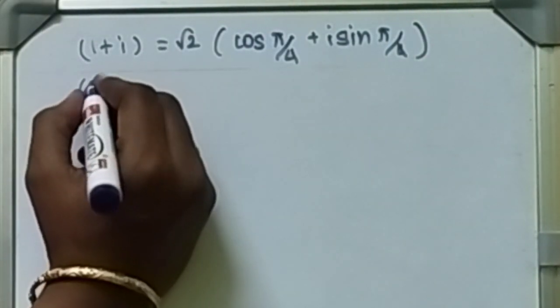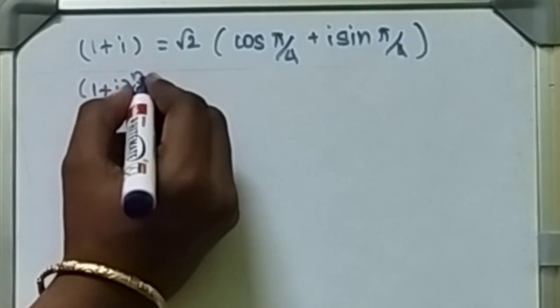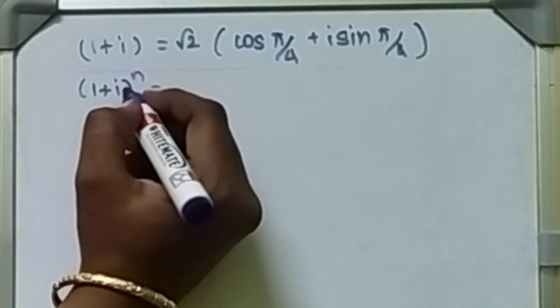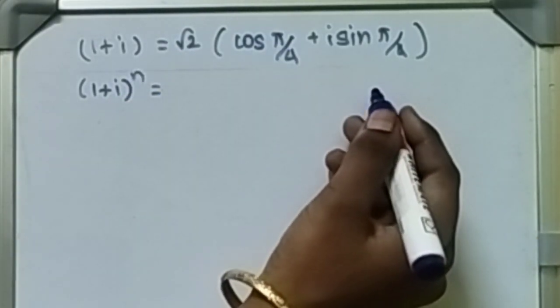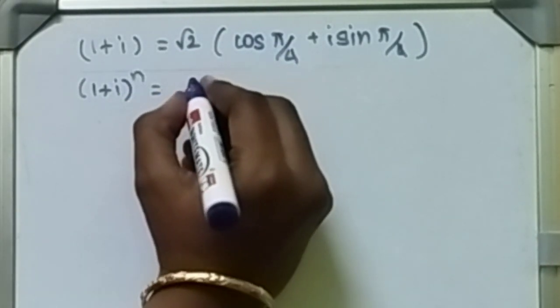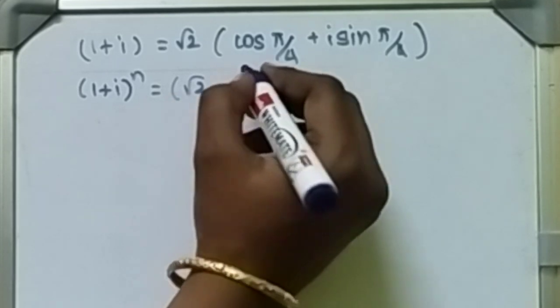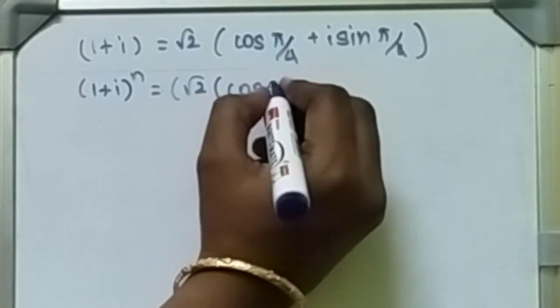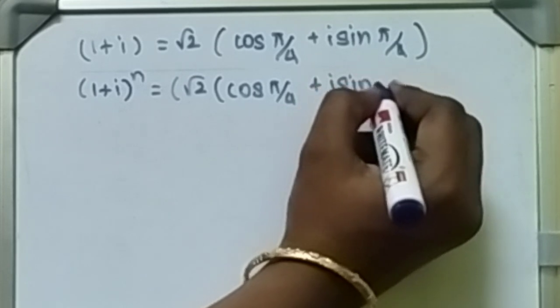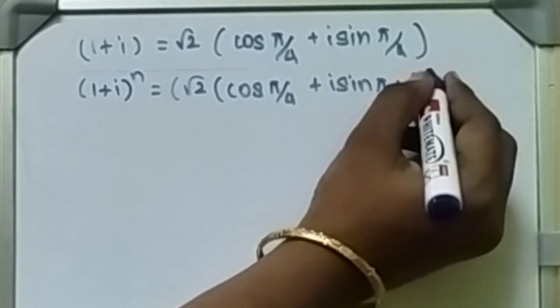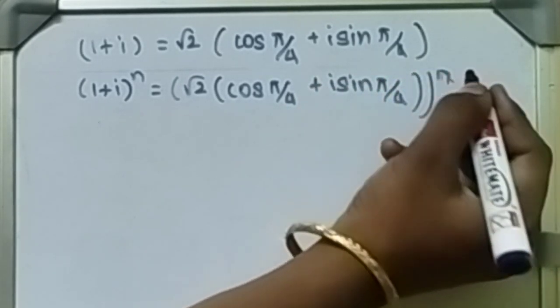What we have in the question is 1 plus i power n. This term is raised to the power of n. So the right hand side will also be raised to the power of n. So root 2 multiplied by cos pi by 4 plus i sin pi by 4, power n.